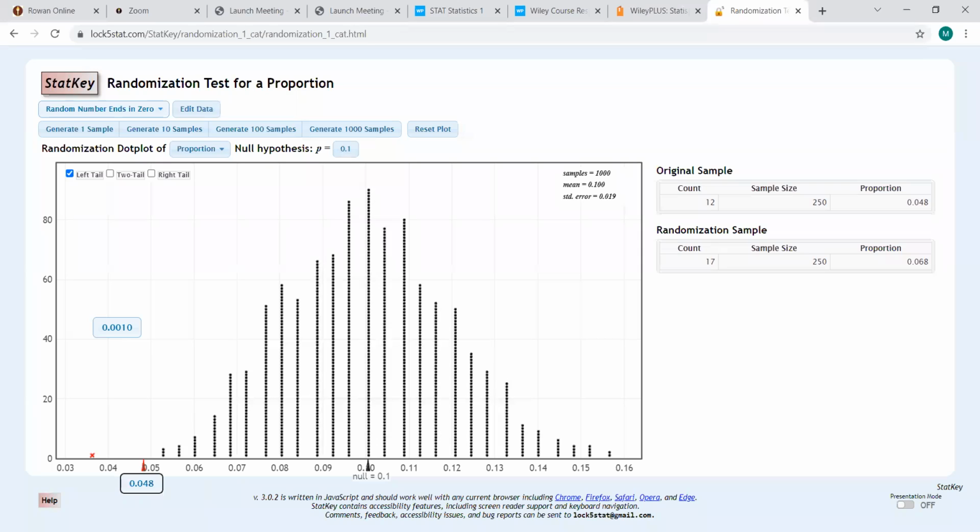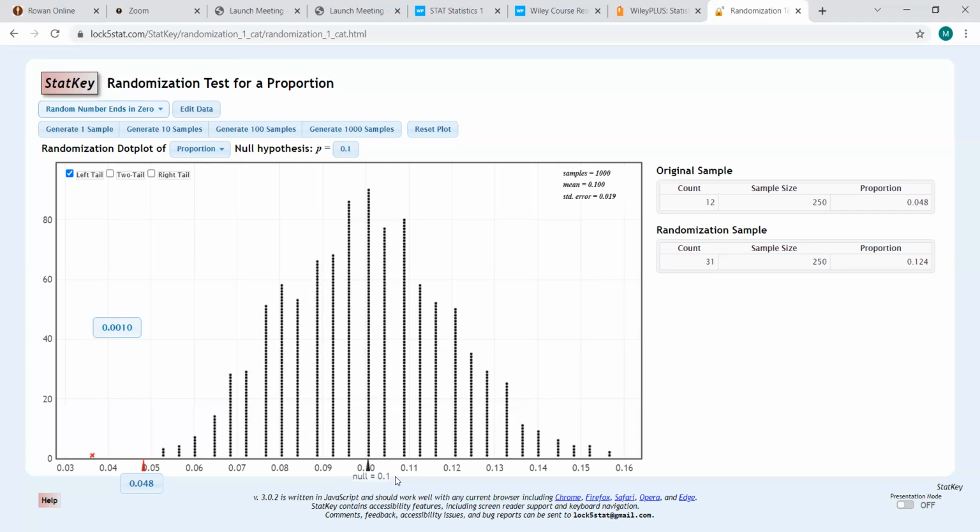In this particular case, which is very interesting, there's only one sample out of 1,000 in this sampling distribution with a proportion less than or equal to 0.048. So the p-value in this case is 0.001, that's 1 out of 1,000. This is an extremely low probability of getting a sample of 0.048 when we're assuming that the proportion is 0.1.